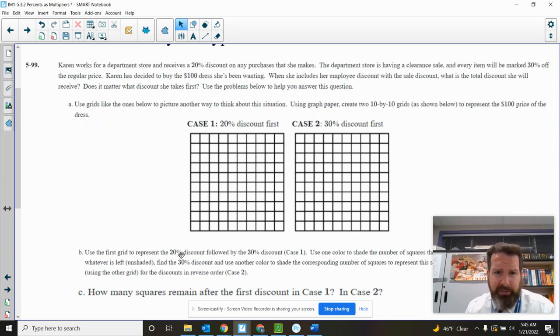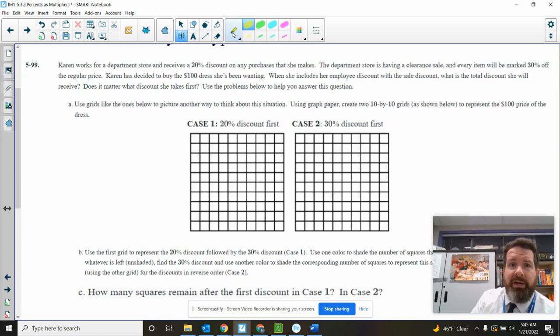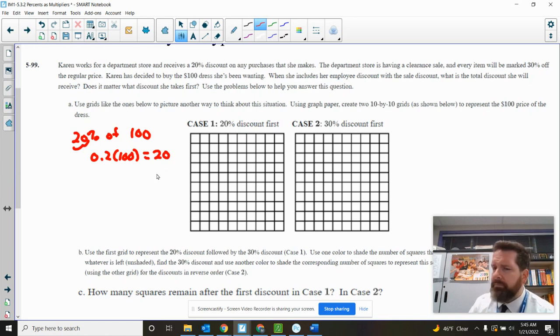So use the first grid to represent the 20% discount first. Okay, so right now this is the full price, $100. Let's figure out how much that 20% discount is going to be. So 20% of 100. We know of means multiply. 20% is 0.2. 0.2 times 100 is $20.